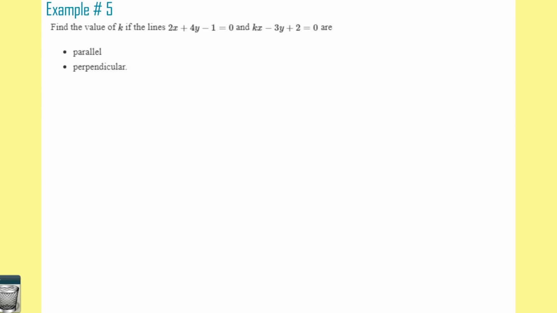Example 5. Find the value of k if the lines are parallel and then perpendicular. So that's 2 questions. Let's start with the parallel. If they're parallel, they're going to have the same slope. So let's put this in slope-intercept form. So 4y equals negative 2x plus 1.